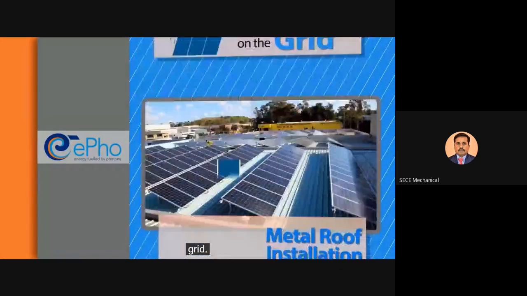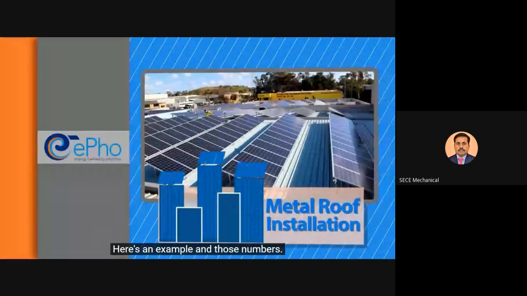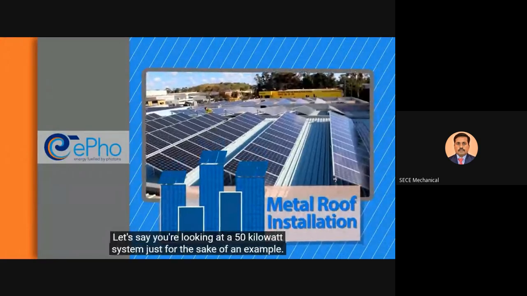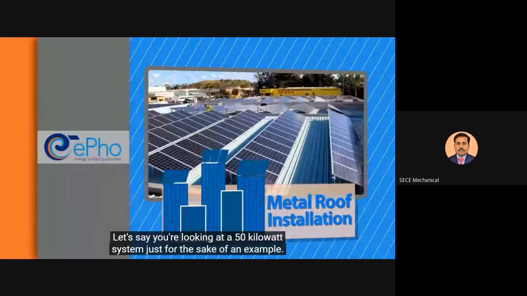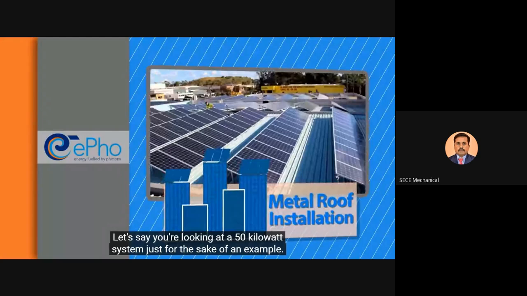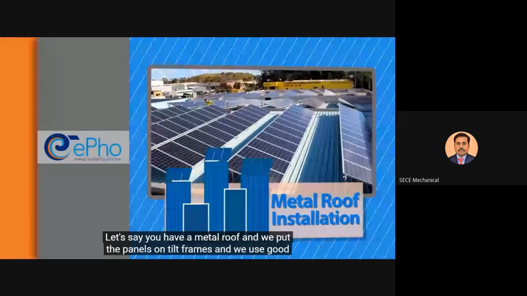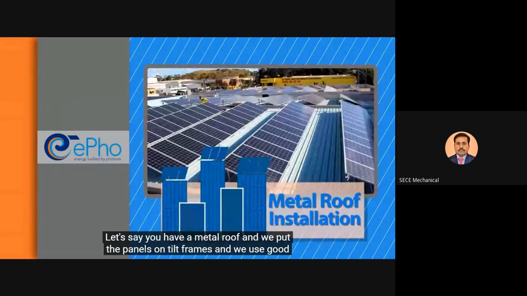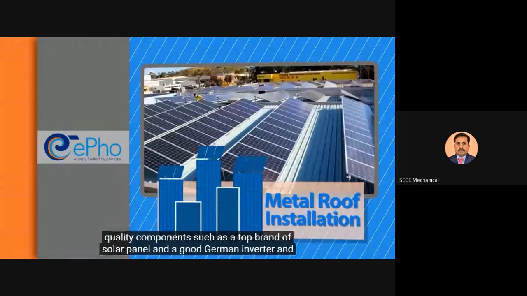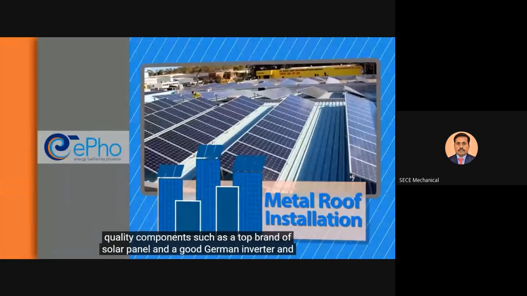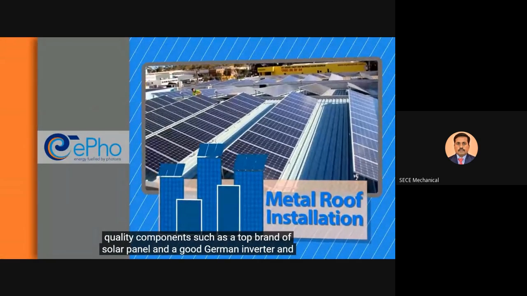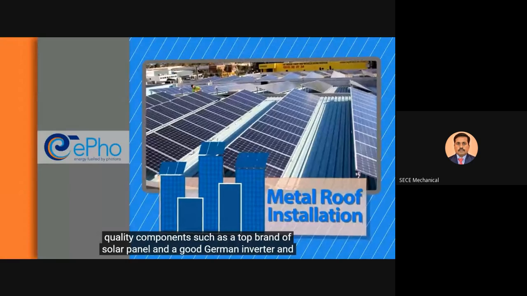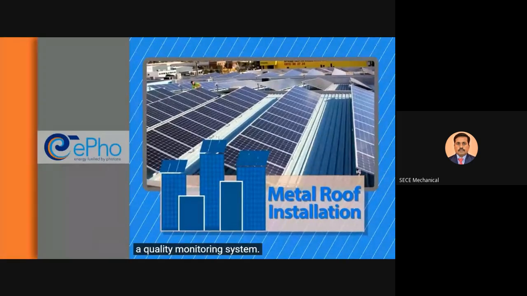Okay, here's an example and those numbers. Let's say you're looking at a 50 kilowatt system just for the sake of an example. Let's say you have a metal roof and we put the panels on tilt frames and we use good quality components such as a top brand of solar panel, a good German inverter, and a quality monitoring system.